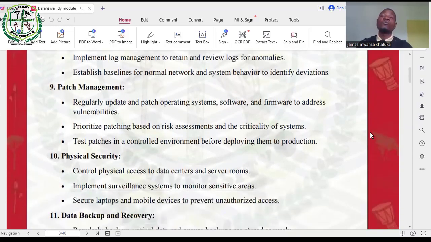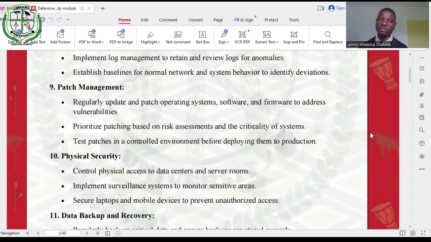Apart from that, we have the aspect of patch management. When you talk of patch management, here we emphasize regularly updating and patching the operating system, software and firmware to address vulnerabilities. Patching the operating system is very much important in ensuring the proper operation of the software, and updating the firmware protects the system.